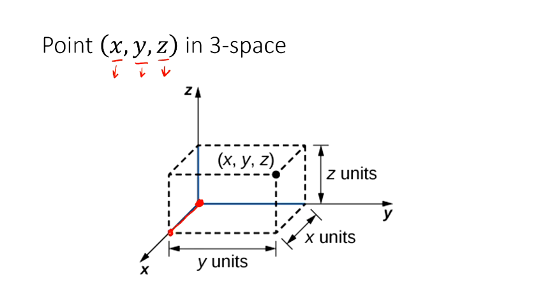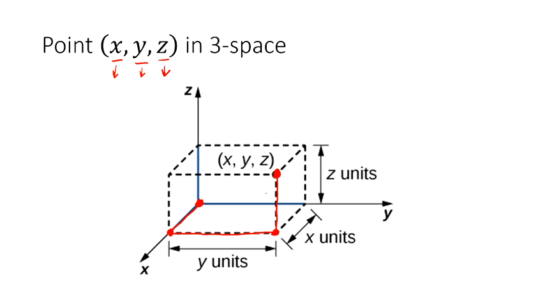I get to here. Then the y coordinate means following the y direction, I need to move y units. And my y direction is towards the right, so if I'm here, I'm going this way now for y units. I end up here. Now the z direction is the vertical one. So if my z is positive, I'm going to go up for z units, and I end up at exactly this point, x, y, z.